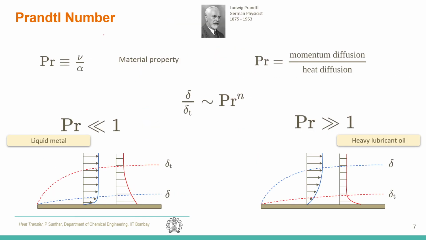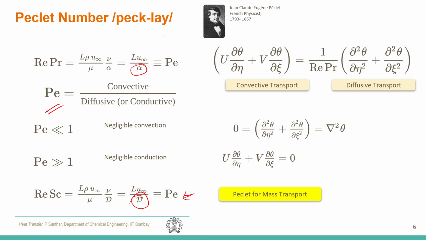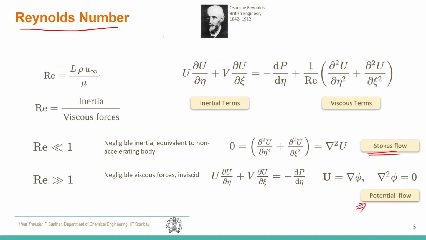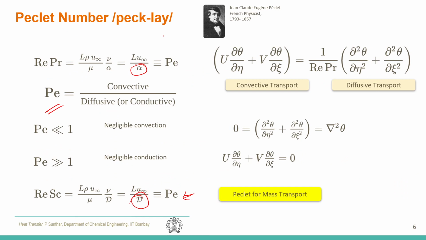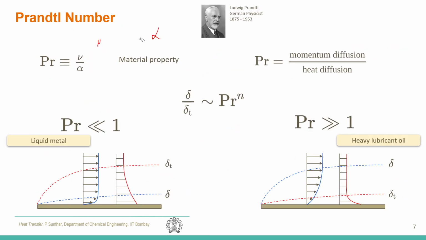Then the other important number is the Prandtl number. The Prandtl number is momentum diffusion upon heat diffusion. This is the thermal diffusivity alpha, and this is nu. So this is basically kinematic viscosity upon thermal diffusivity.